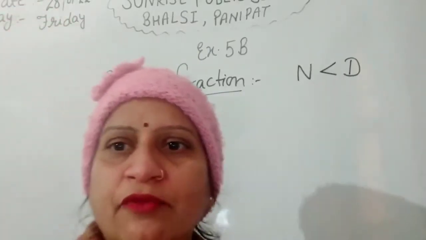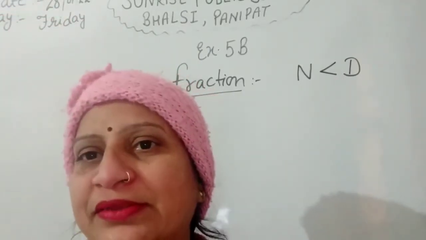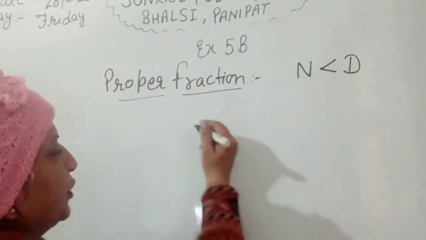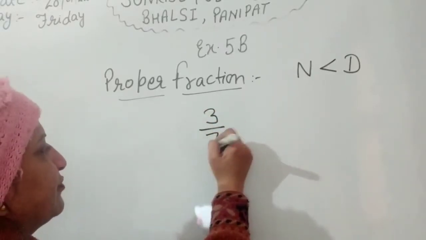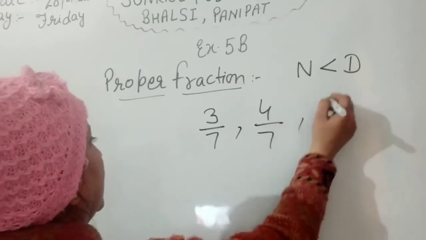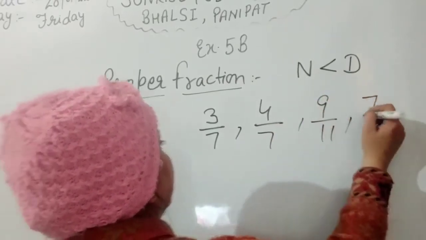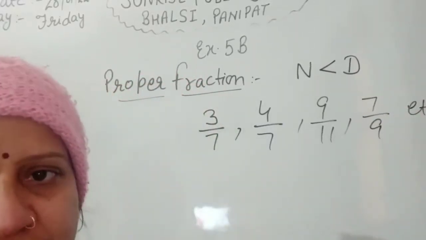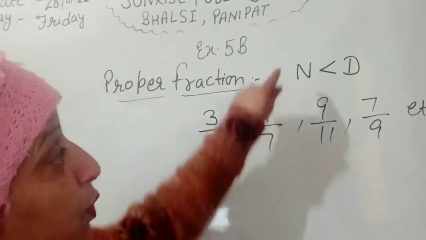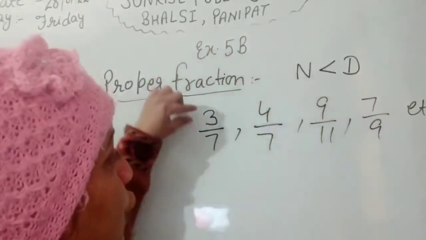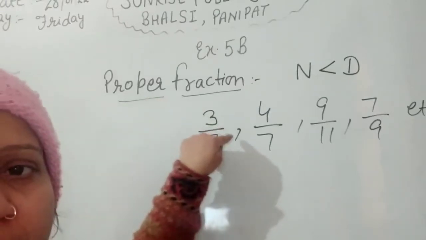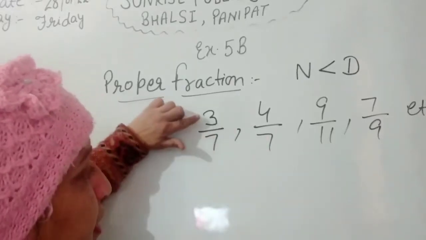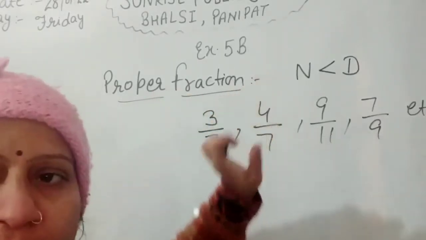According to this condition we can write many examples of a proper fraction, such as 3 by 7, 4 by 7, 9 by 11, 7 by 9, etc. You can give any example, but you have to follow the condition that the numerator is always less than the denominator, and in all these cases you see that the numerator is less than the denominator.